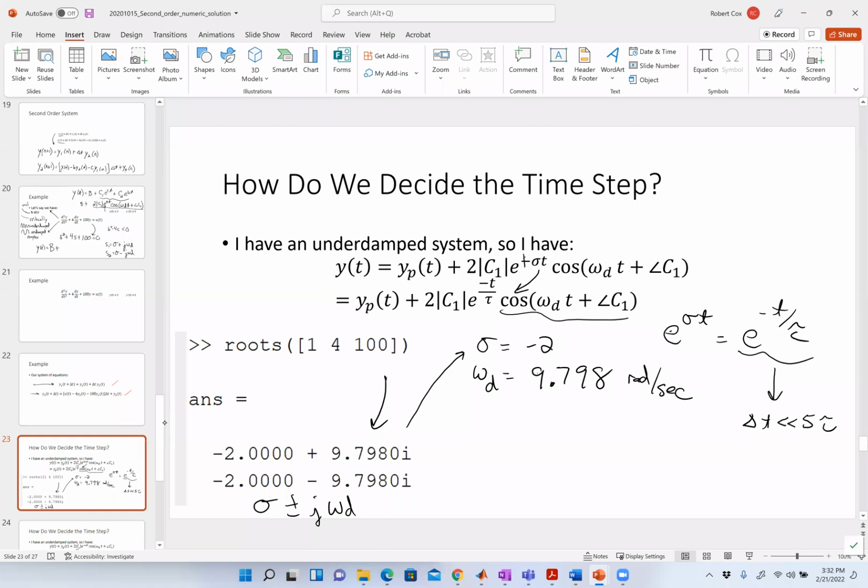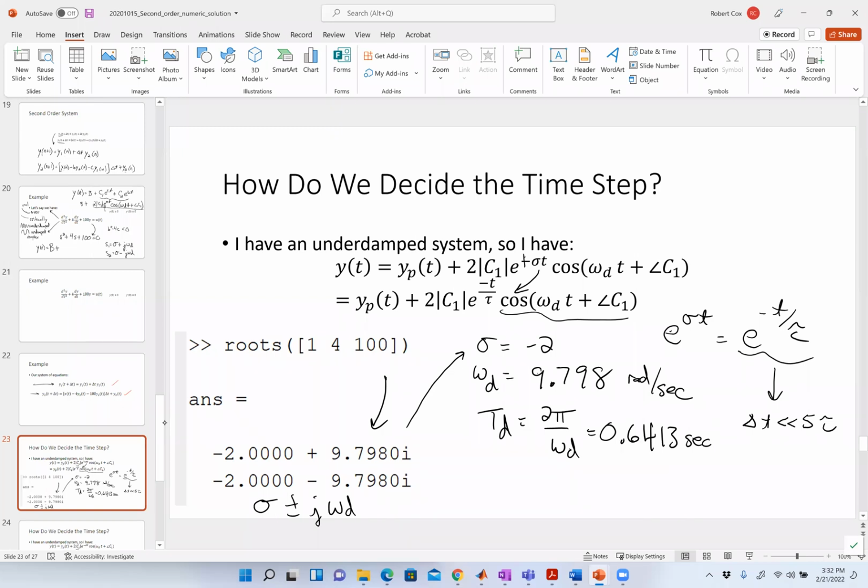Period. The period, right? So in this case, the period of this guy, t sub d, is equal to 2 pi over omega d, which if I do that math, works out to be 0.6413 seconds.